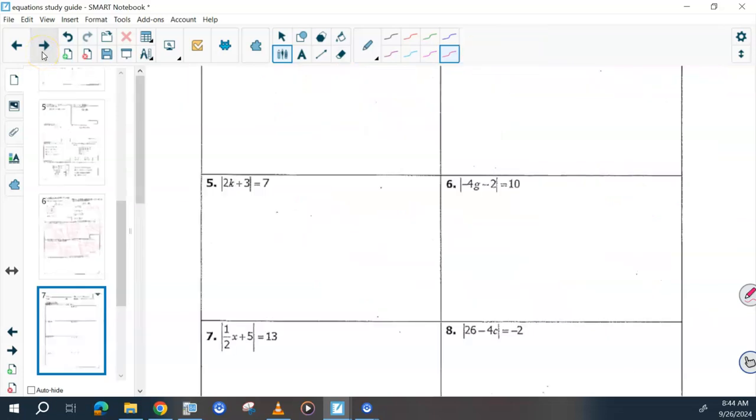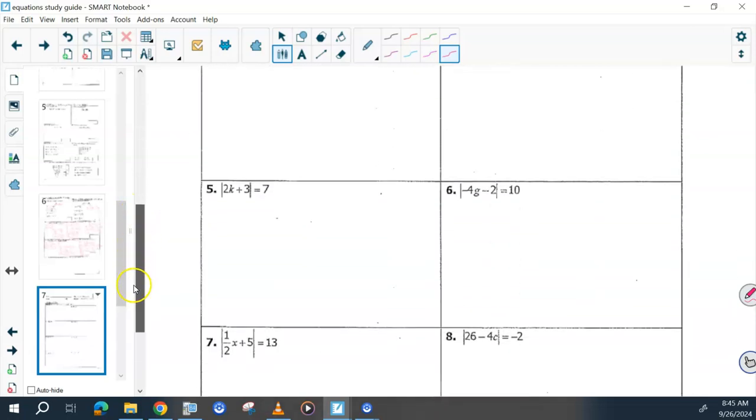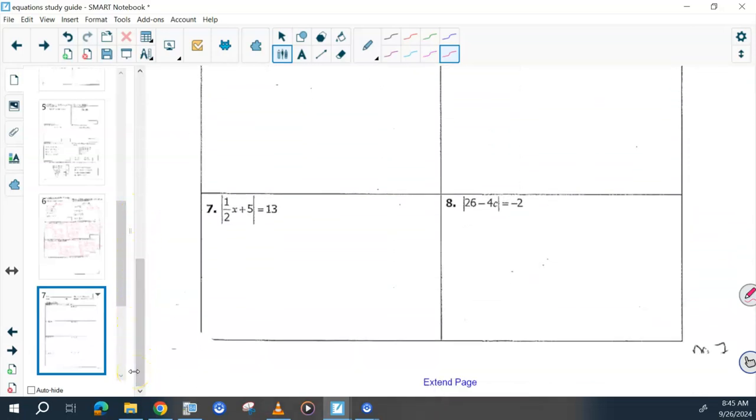So that's our absolute value. Do we have anything outside of the absolute value bars that we need to isolate? No. So we can skip that part because it's already isolated. Drop this. Set the inside equal to a positive 13 and a negative 13. Solve both equations. Get rid of 5.